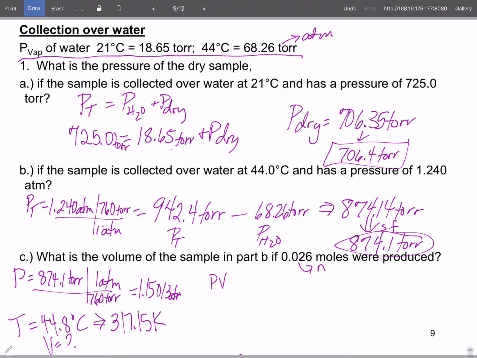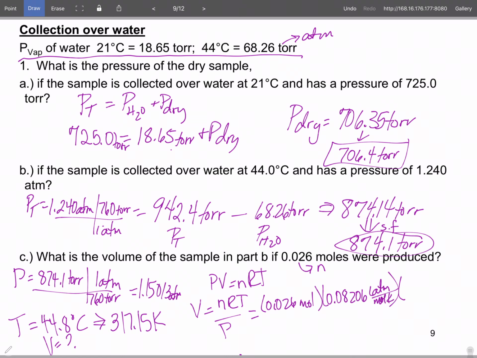So PV equals nRT. So volume is equal to nRT divided by P, which is 0.026 moles, times 0.08206 liter atmospheres per mole K, times temperature, which is 317.15 K, divided by my pressure, which is 1.15013 atmospheres.